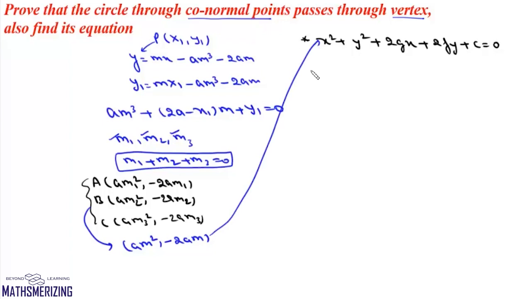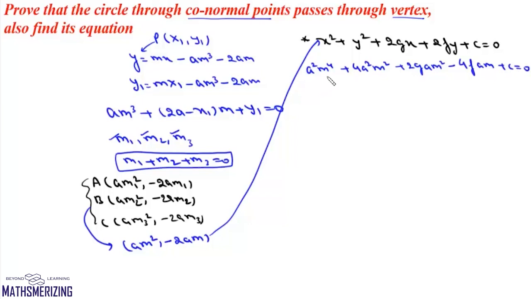We can write this equation as a square m to the power 4 plus 4a square m square plus 2g am square minus 4f am plus c equals 0.